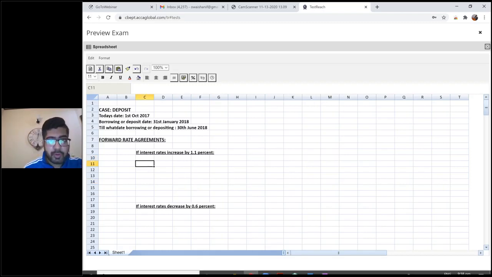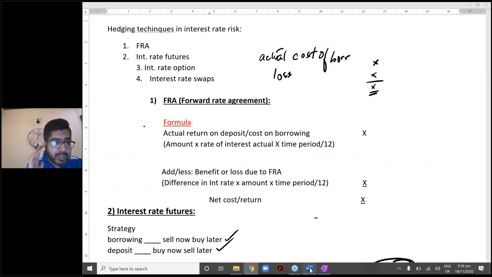So tell me, is it a deposit case or a borrowing case? It's a deposit case. So we will write actual return on deposit.